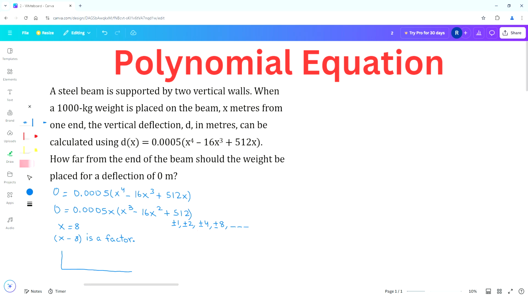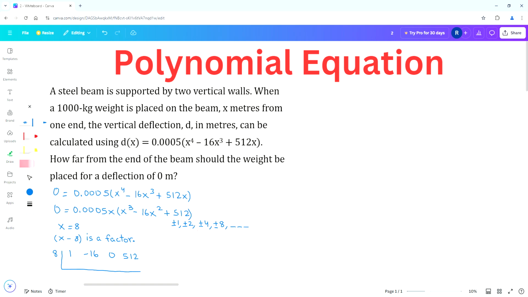In this cubic polynomial, there is no x term, so we'll use the coefficient 0 for the x term. We can write the value of x from the factor on the left side.